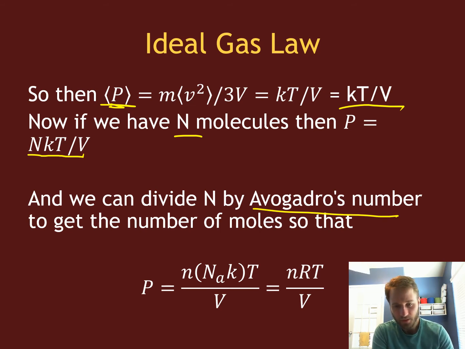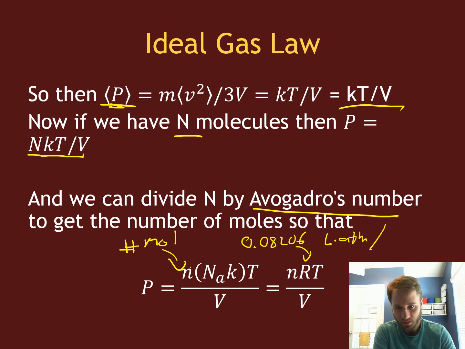we're going to get the pressure is equal to the number of moles, N here, times Avogadro's number times k, which is actually just equal to the ideal gas constant R, which in this case is 0.08206 liters atmosphere per Kelvin mole.